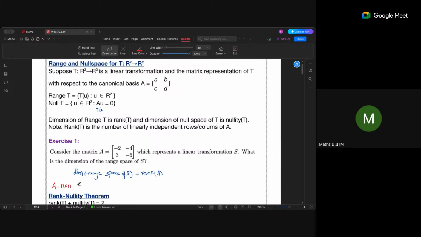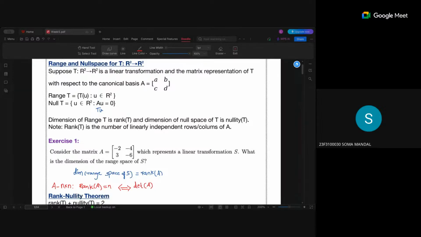Now, for an n cross n matrix, rank of A is equal to n if and only if, what can you say about the determinant? Not equal to 0. Good. So it should be not equal to 0, right?